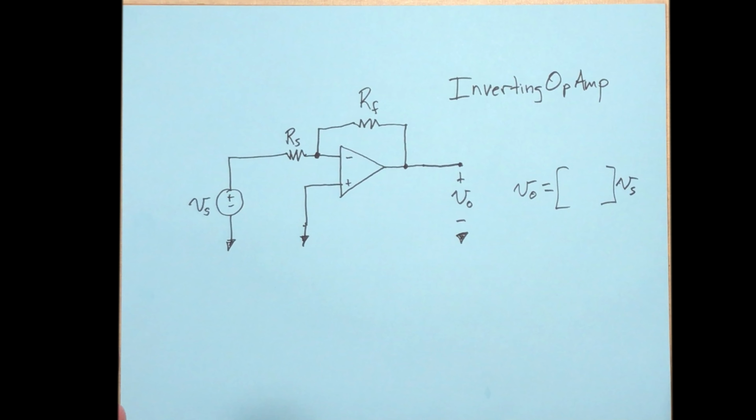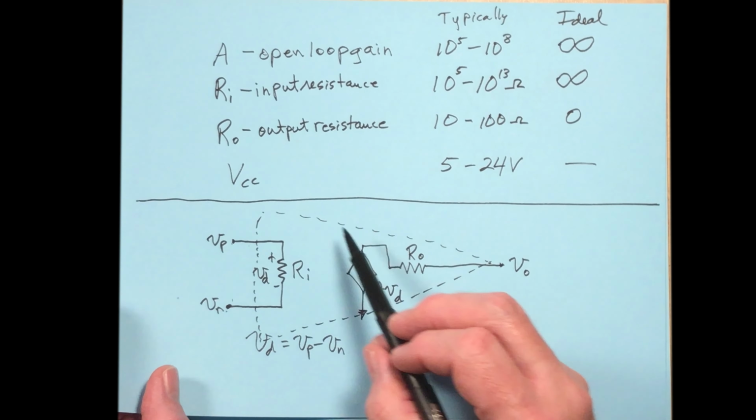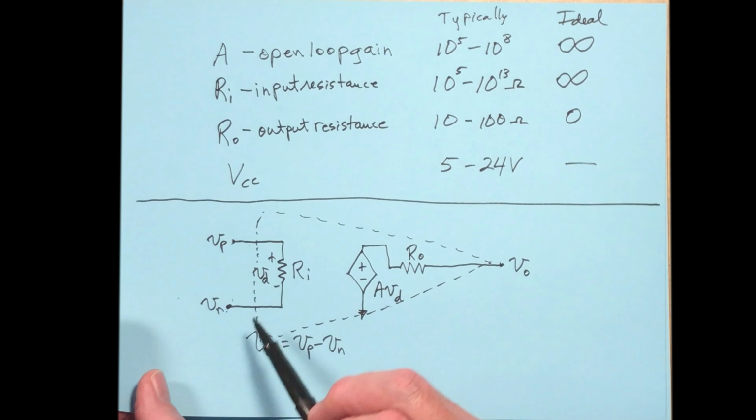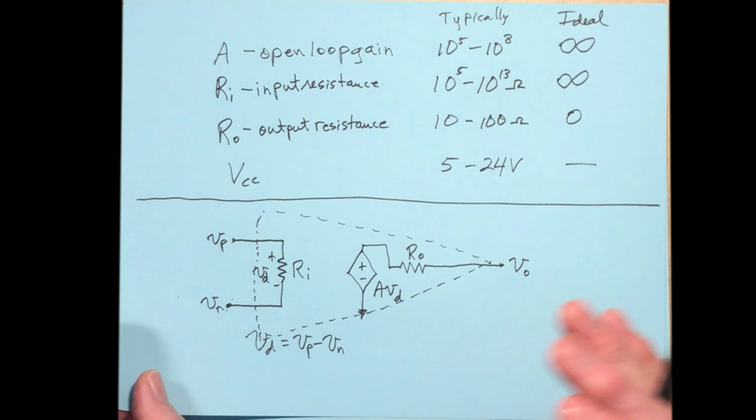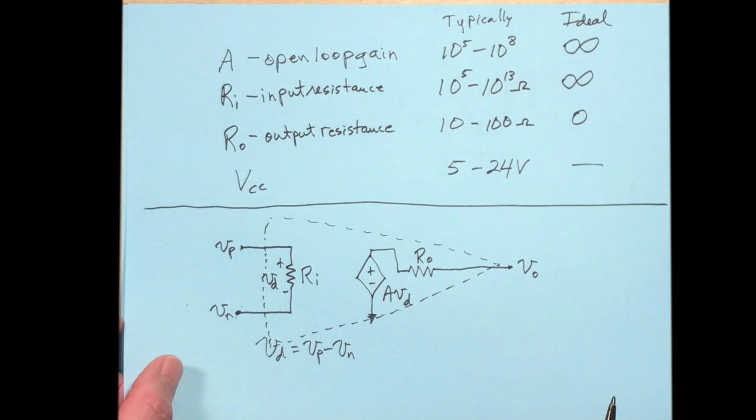Now we will actually solve this a couple of ways. One way is that we will use the modeled version of an OpAmp. In other words, we will use this to figure out what the output is, and we will rely upon our knowledge of the way dependent sources work and voltages and so forth. And we'll figure out what the output is.